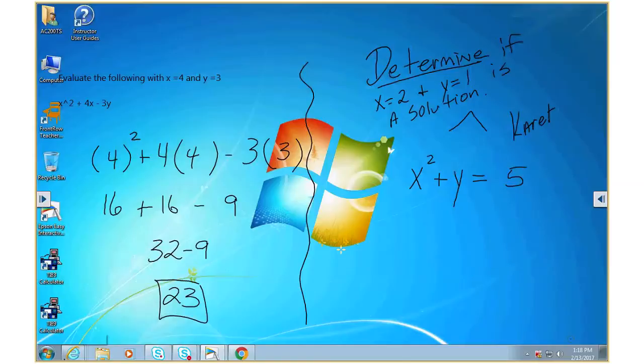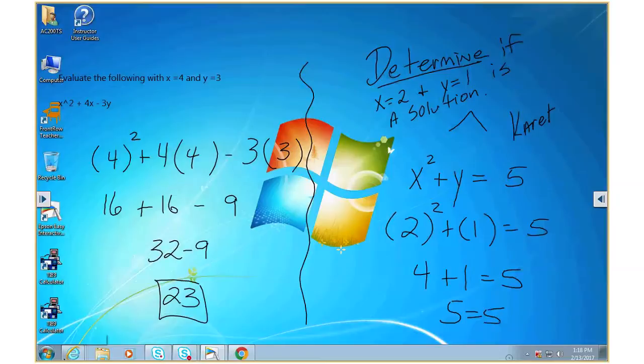And you plug and shove. Put a 2 in here and put a 1 in here. And 2 squared hopefully is 4, so I don't screw it up. Is 5 equal to 5? Yes, so it is a solution.